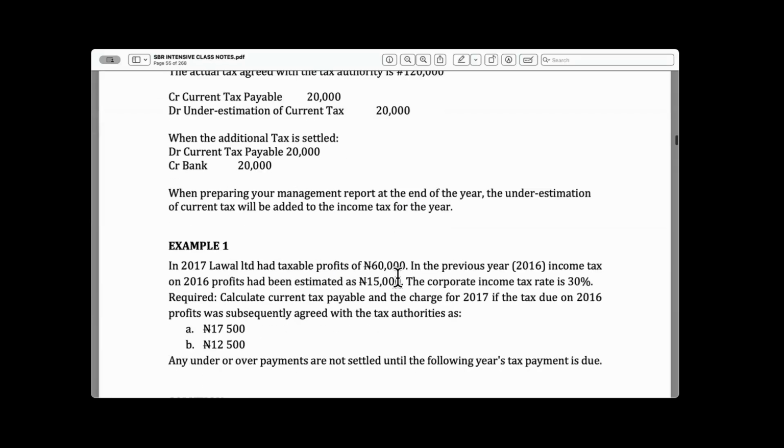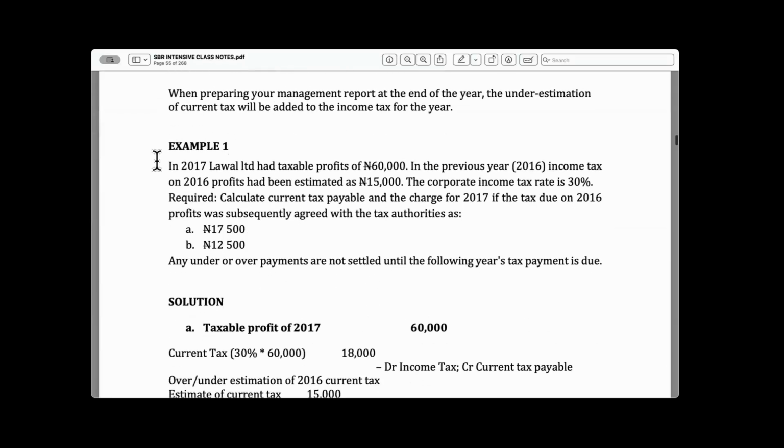But in all of this, I put this together in a question. So we are in 2017. We had a taxable profit of 60. And last year, in 2016, we had a tax of 15. The tax rate is 30.